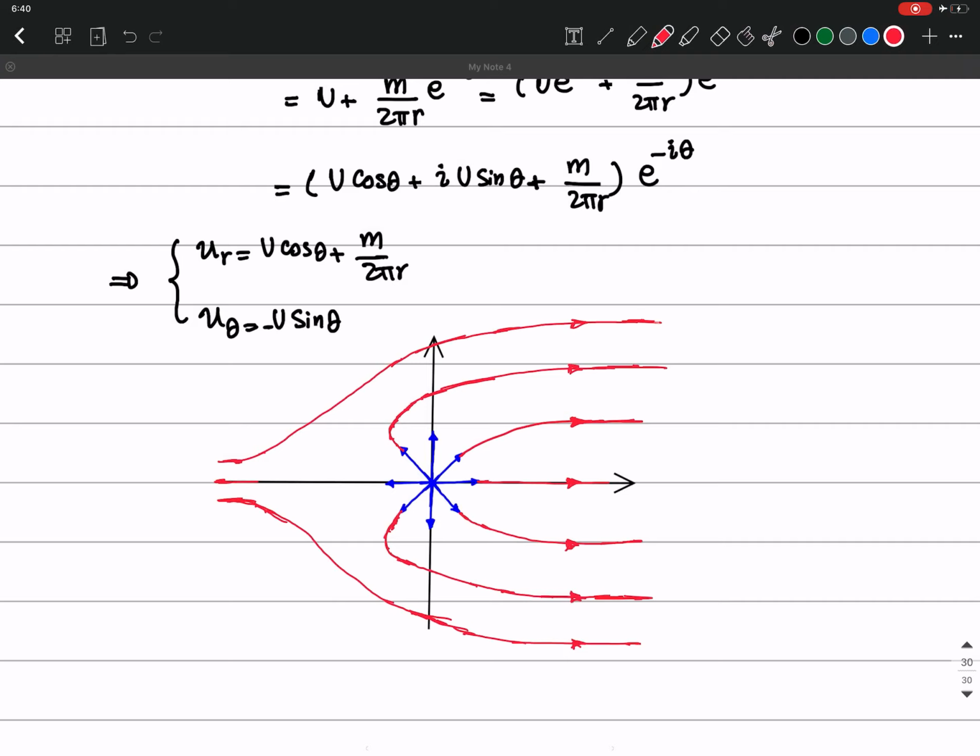Let's see what happens here, because we have two opposing velocities, right? Here we have U, a uniform flow, and then this is going to go toward the source, so they have opposing directions. So somewhere around here, the velocity is going to be 0, and we are going to see something like this.